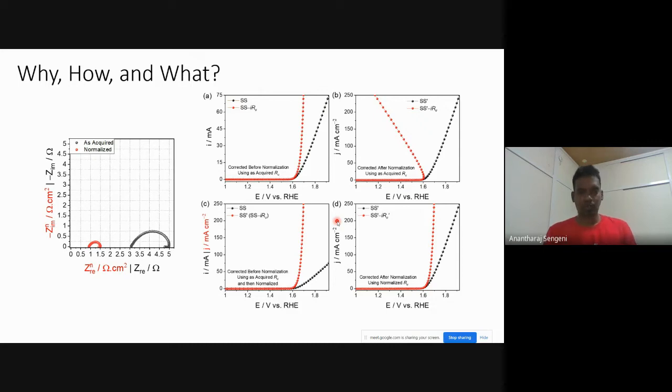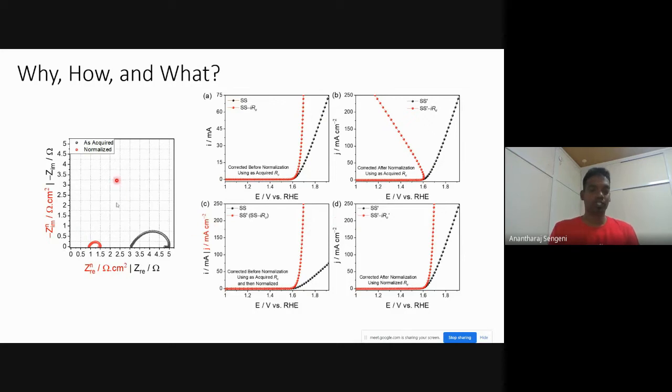For the very first example, I took a stainless steel electrode, which is a moderately active OER electrode. We all know that. And it also has very good charge transfer characteristics, because it always has lesser uncompensated resistance values than many electrodes that we use in electrocatalytic experiments.